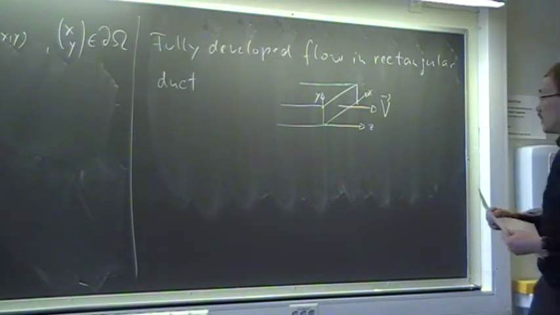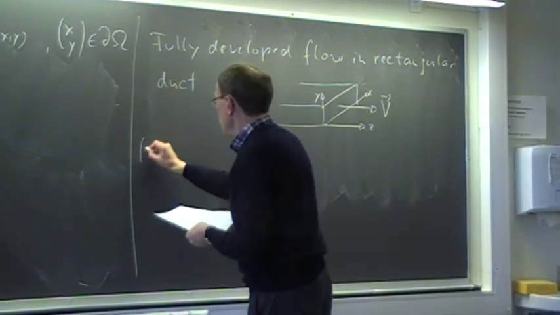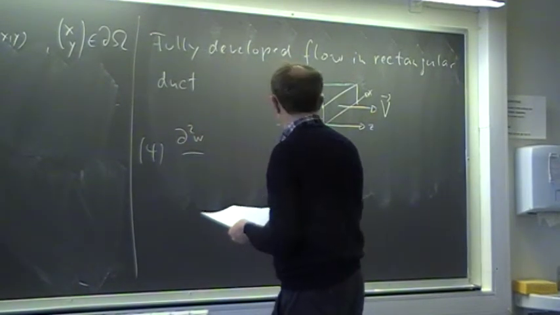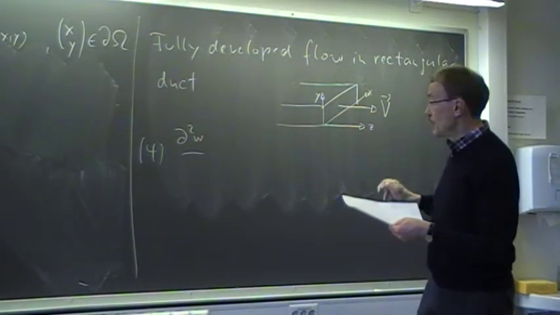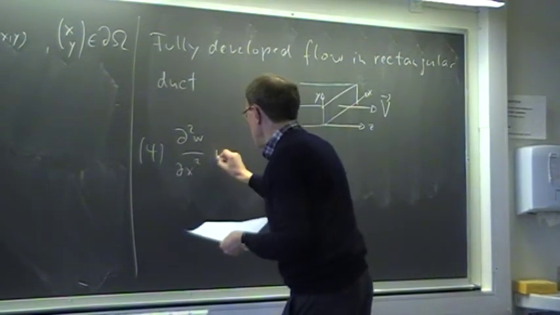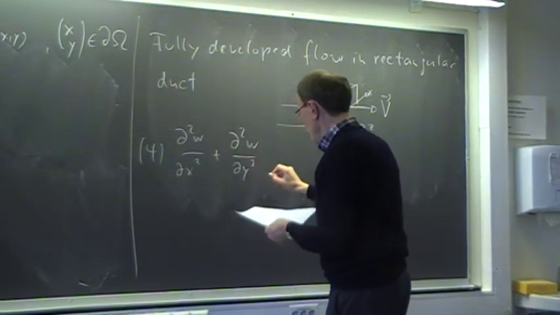But here we have a duct with real nice boundaries, and the equation that we get will be the second derivative of the component w, which is the velocity component in the z direction, with respect to x, plus the second derivative of w with respect to y.